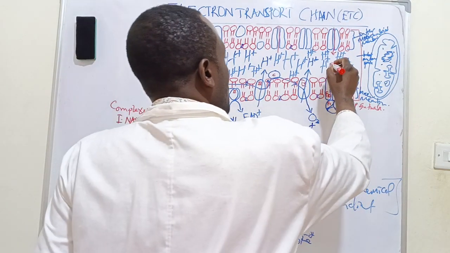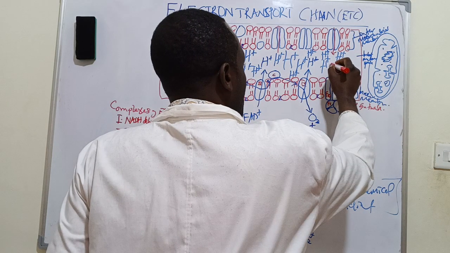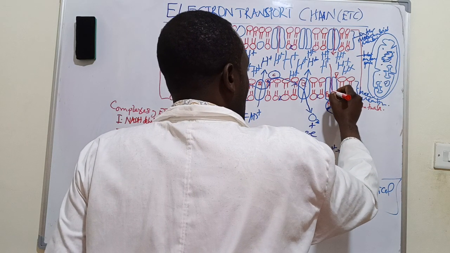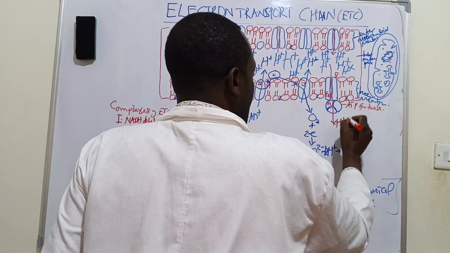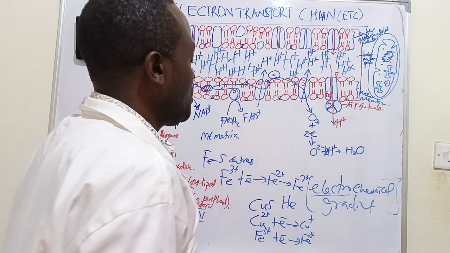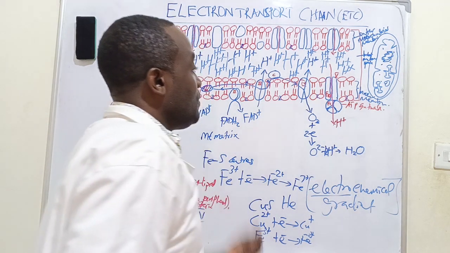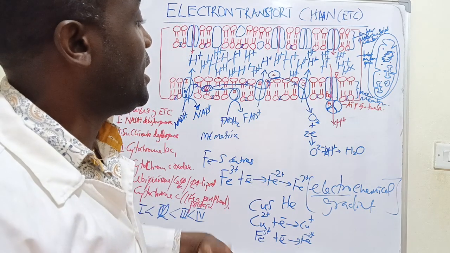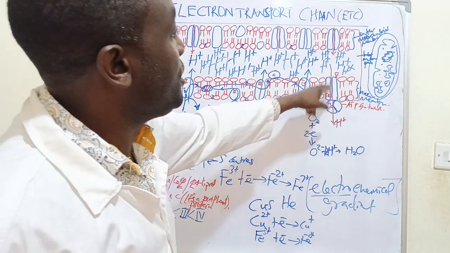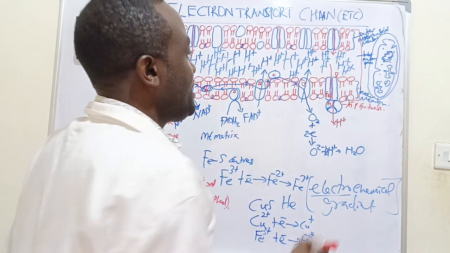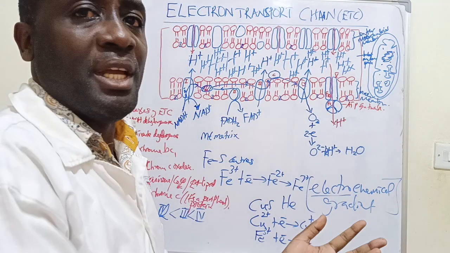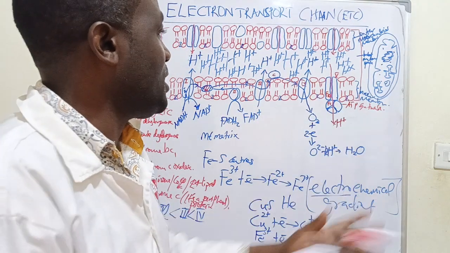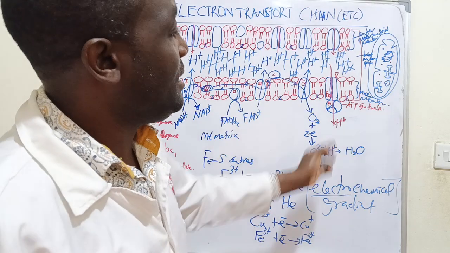Now, protons are going to diffuse back into the matrix. What is inviting them as they are returning? What invites them is the electrochemical gradient. As they return, they go through this head, which has very many domains, epsilon, gamma.